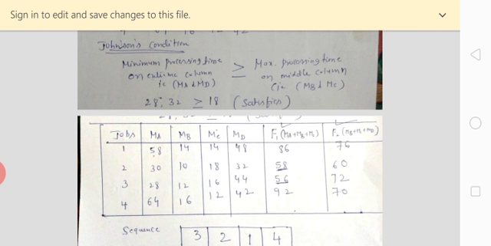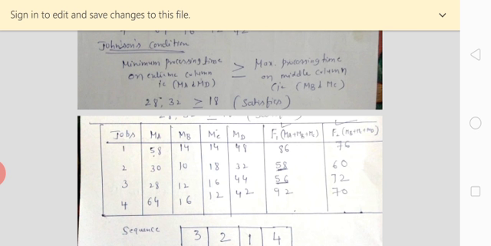All the processing times on machine A, machine B and machine C need to be added: 64 plus 16 plus 12. If you add, you get 92 minutes.